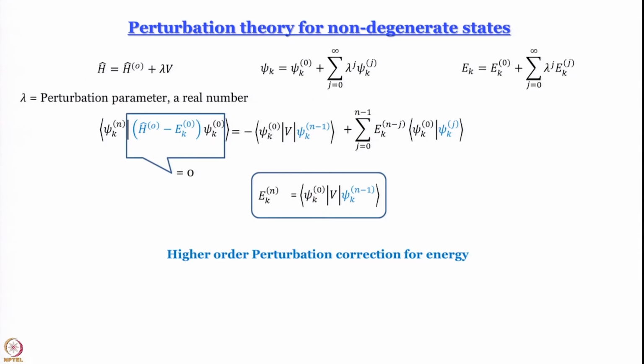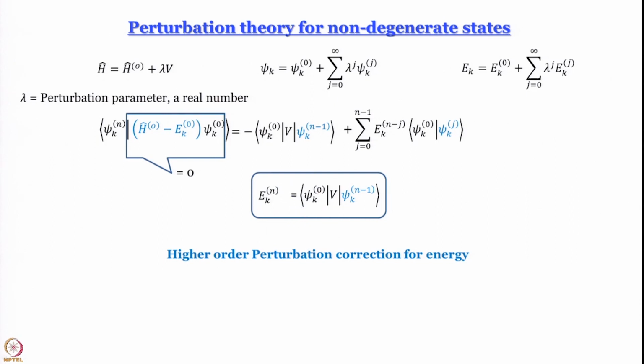The problem with this expression is that you have to go in steps. It is great that you have one unperturbed wave function in the integral, but the other one is the n minus 1th wave function. So, in order to find a particular correction term, you must first have worked out the n minus 1th correction term to the wave function, in order to find the nth correction to the energy.